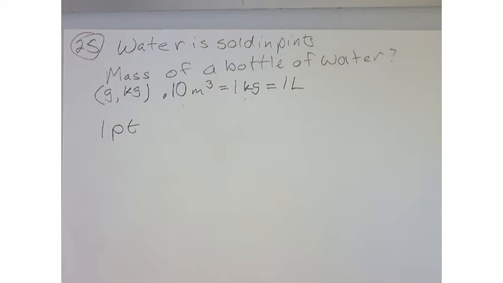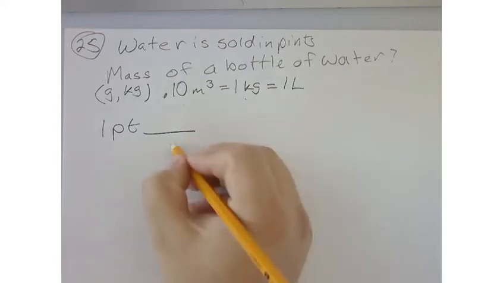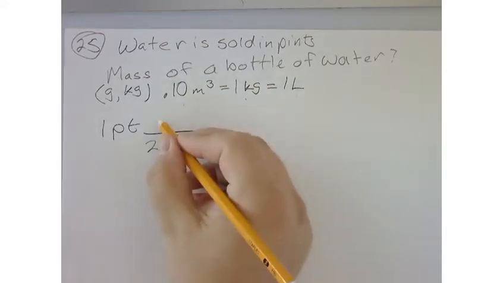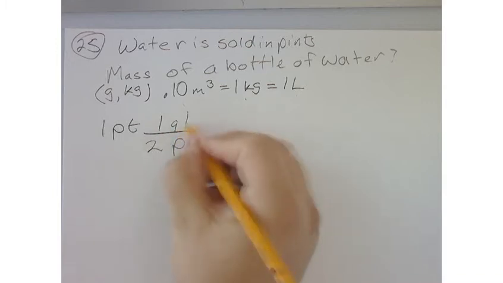And we're given pints. So how many pints are in a quart? 2. So I'm going to write pints over quarts. What goes on the bottom? Pints. So I'm going to say 2 pints per 1 quart. Okay, cool.